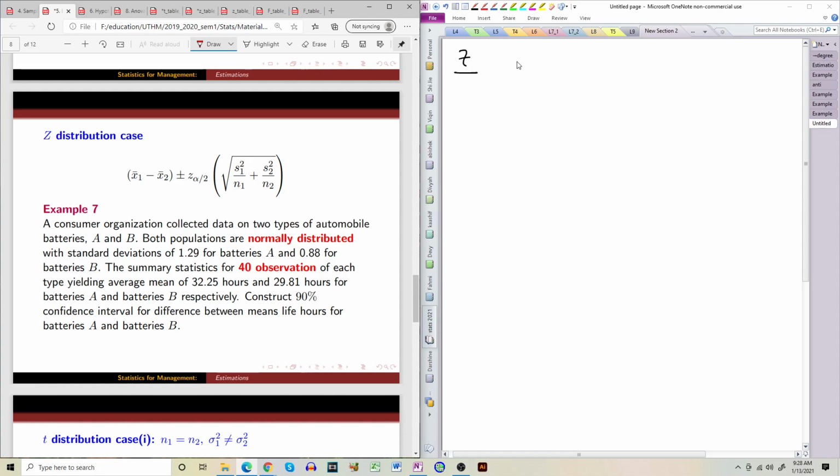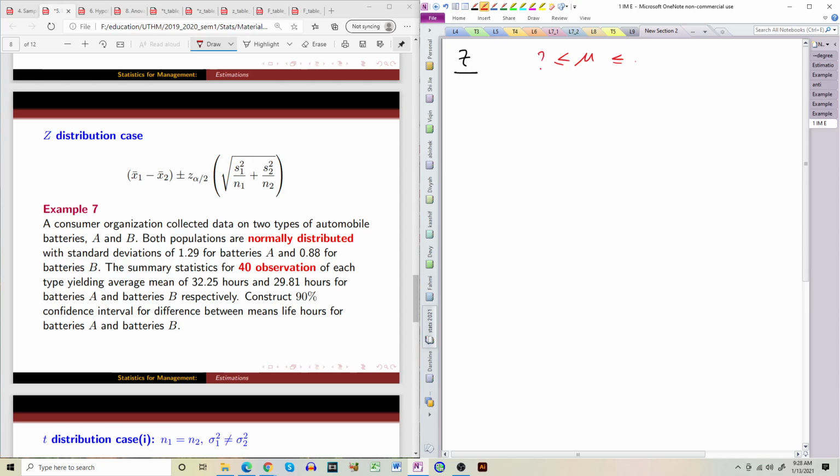So what we are doing now: previously in the single mean we were finding the estimation for this. What is the range for the population mean given the sample information?